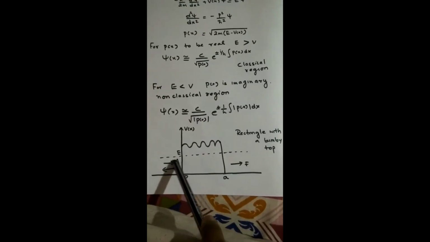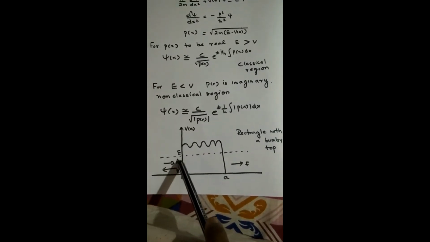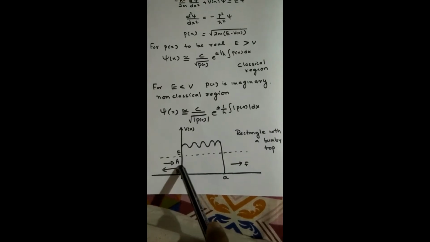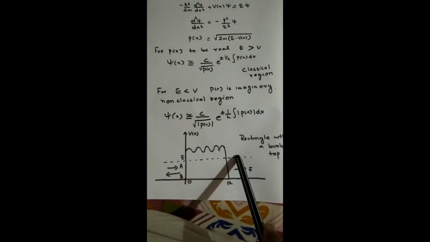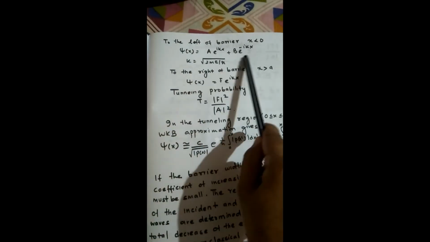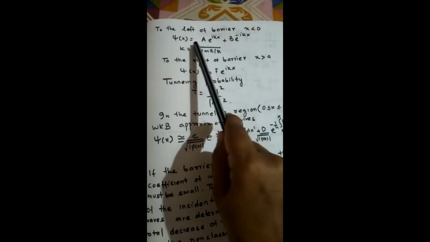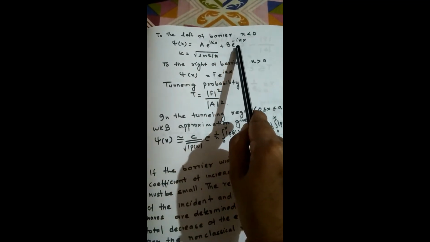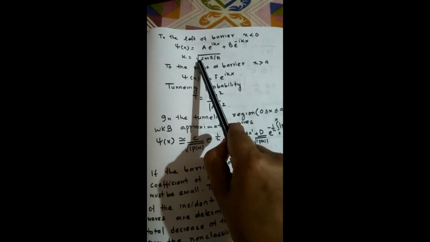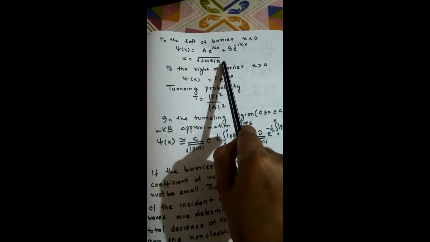So here in a barrier we know this is the coefficient of the incident wave function. This is the reflected wave function coefficient, and this is the transmitted wave function, and this is the energy of the particle. Now to the left of the barrier, x is less than 0. So our wave function is psi(x) equal to A e raised to ikx plus B e raised to minus ikx, where k is root 2mE by h bar.